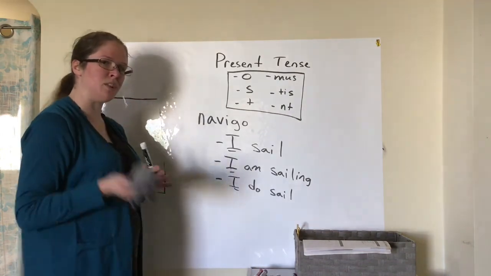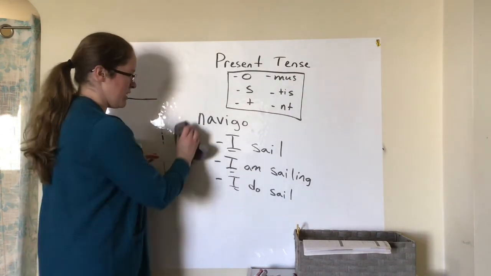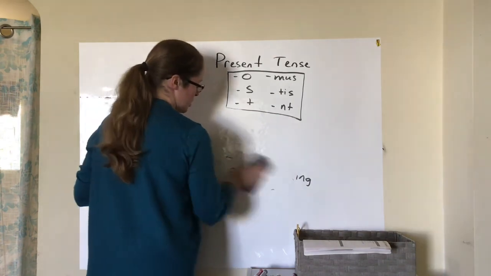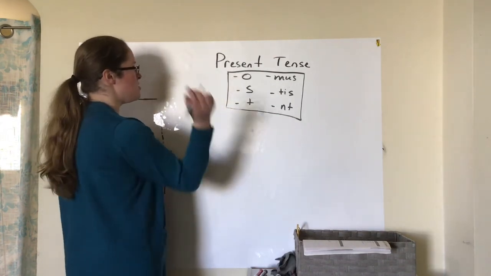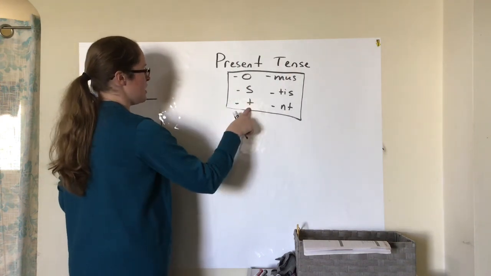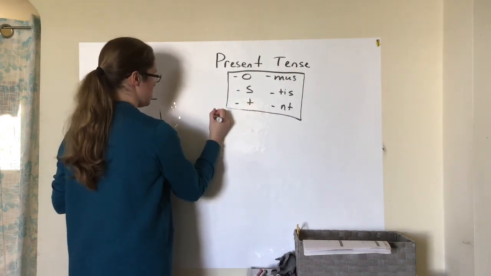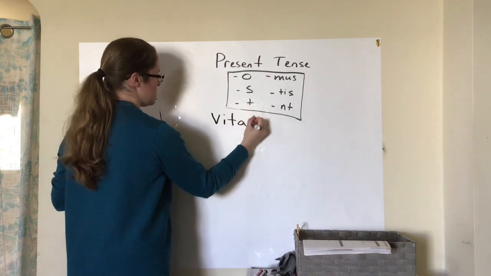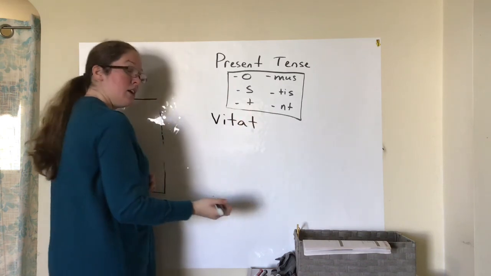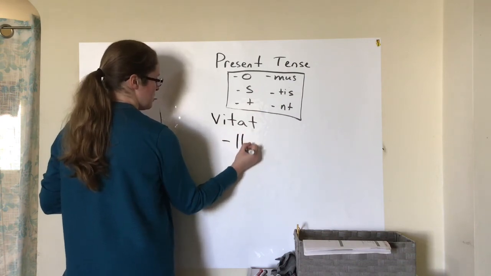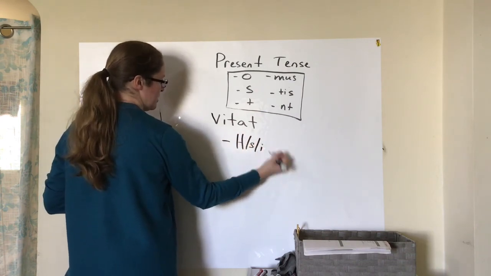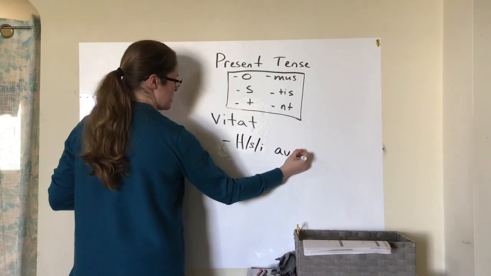Let's do it with a couple of other verbs and endings just to make sure we get the idea. We're going to go with vito, vitare, vitavi, vitatum, but let's choose a different subject. Let's do a T ending, so he, she, or it. So we have vitat as our verb, and there are 3 ways we can translate it. Vitat could be he, she, or it avoids. That's our simple present.